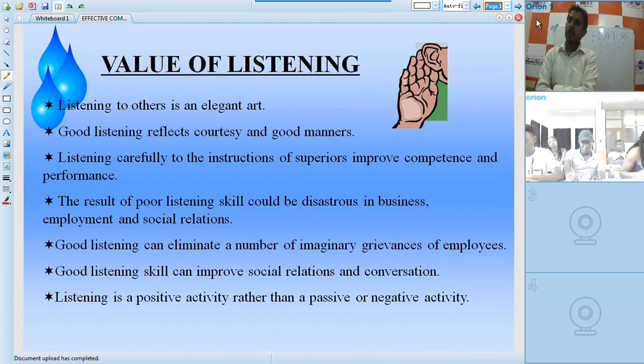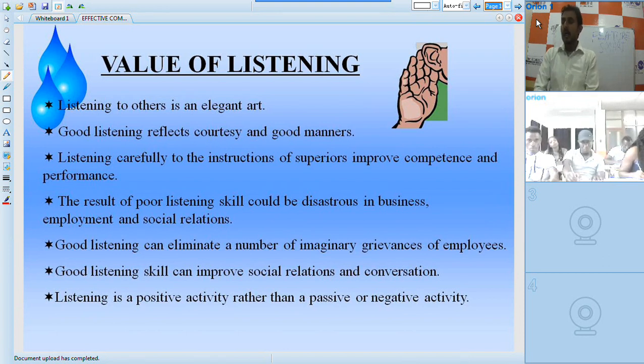Good or proper listening to the message conveyor reflects courtesy or good manners in you. Listening carefully to the instruction leads to superior competence and performance.